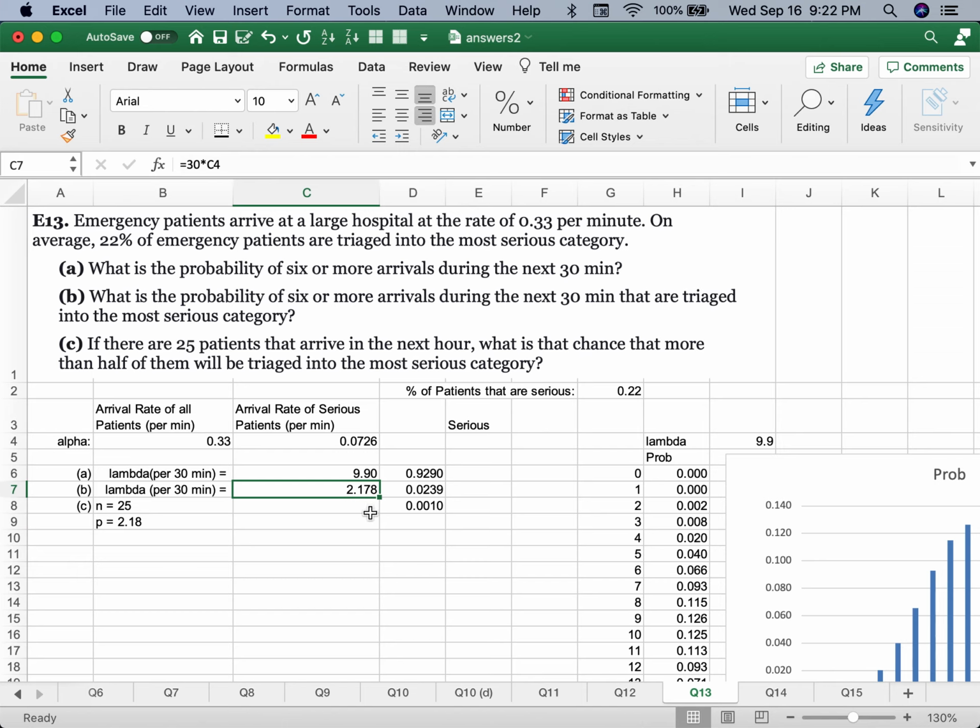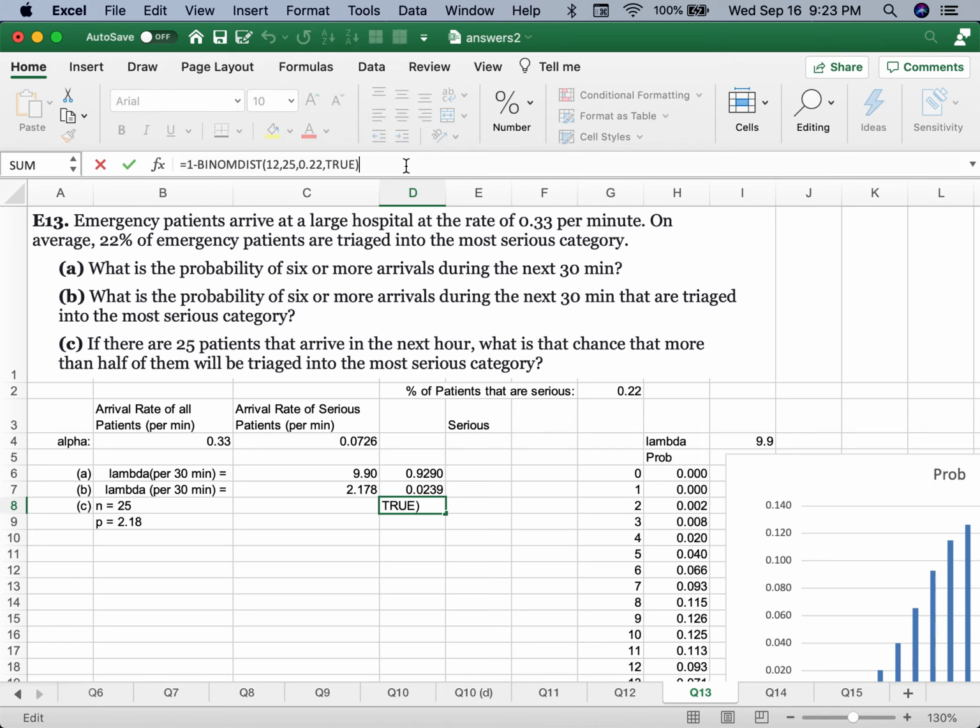So we calculate that using 1 minus BINOM.DIST. Let me put the dot in there so that we're not dealing with a compatibility function. 1 minus BINOM.DIST of 12, so up to and including 12, given n equals 25 and p equals 0.22.